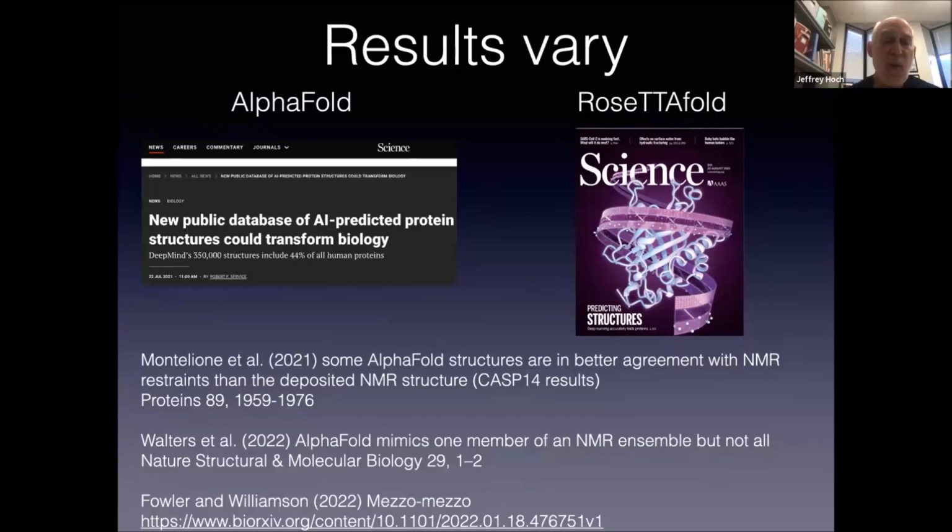Contrast that with Kylie Walters' findings that while AlphaFold does pretty well in the case of a protein that she's looked at extensively, while it mimics one of the members of the NMR ensemble, it really doesn't capture the overall features of the NMR ensemble, which suggests, not surprisingly, that AlphaFold isn't quite yet getting insights into the nature of dynamic proteins.